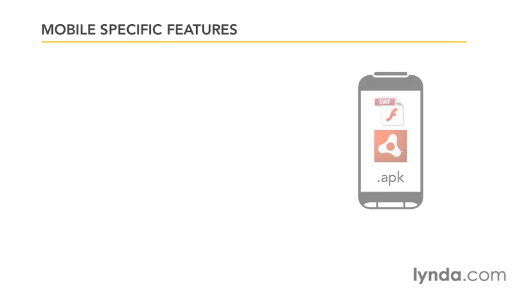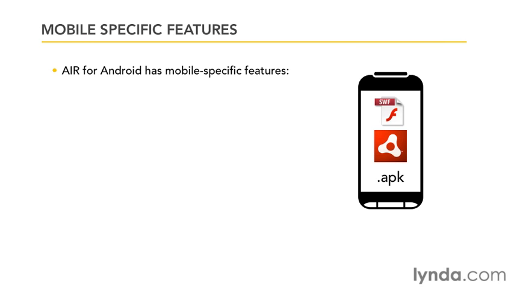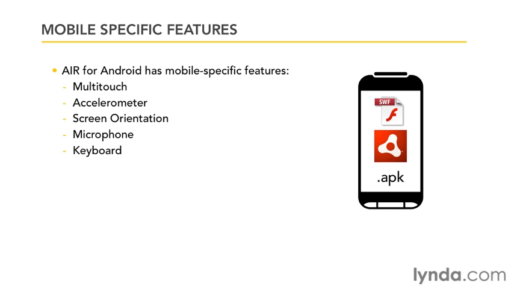Air for Android also has mobile-specific features. Some of those include multi-touch, so again, swiping with your fingers, pinching and zooming, accelerometer, which means tilting your device and having content move, screen orientation, so whether it's landscape or portrait, microphone, keyboard, geolocation, which is defining where you are, camera roll, which is accessing all the photos on the phone, for instance, and then the GPU, which is the graphics processor unit, which really makes content move really fast.